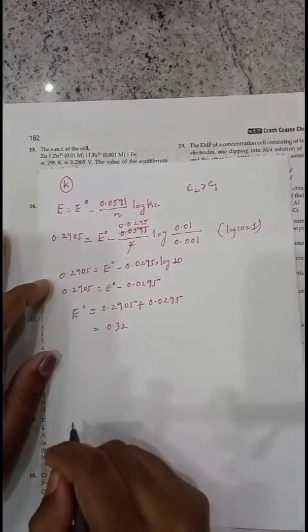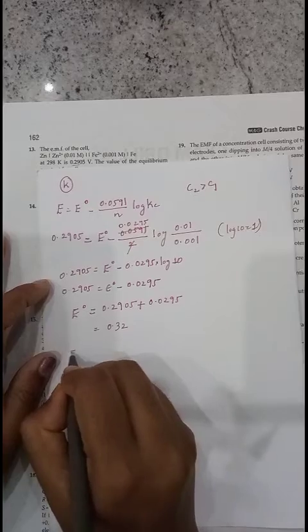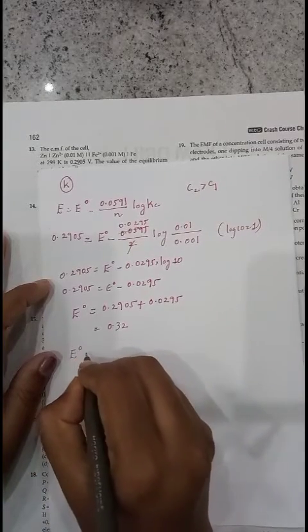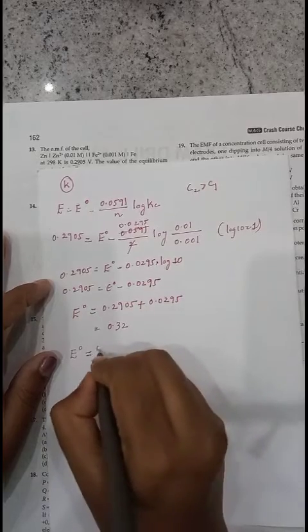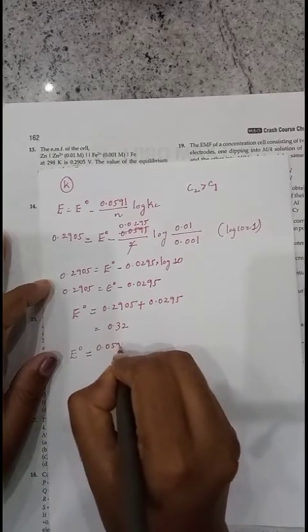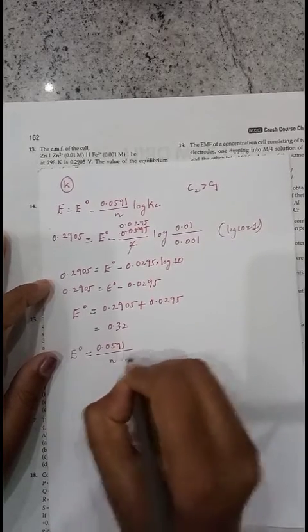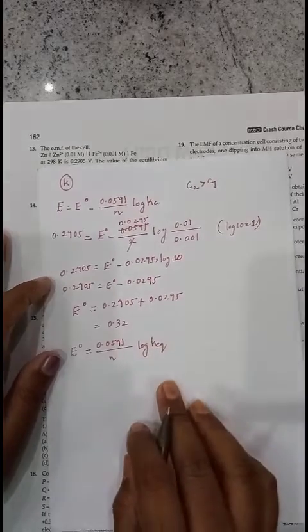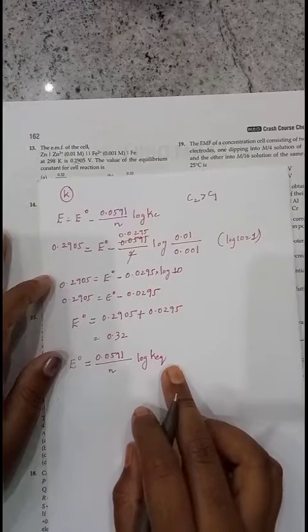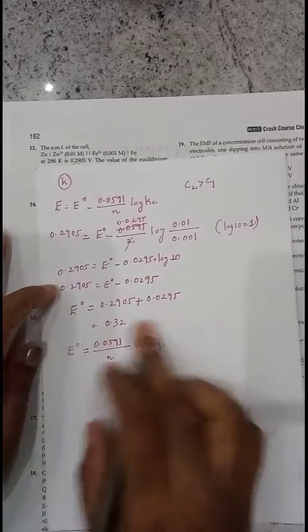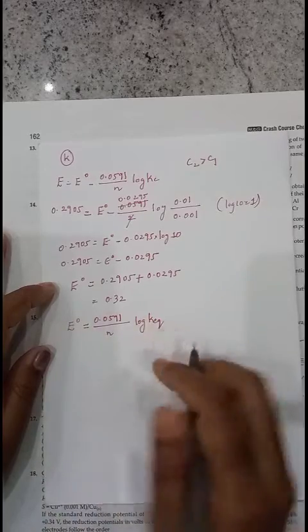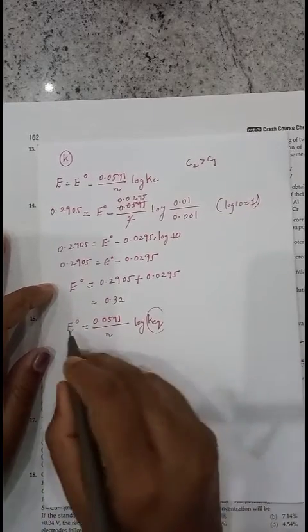Now we want to find out the equilibrium constant. That can be calculated by using this formula: E naught is equal to 0.0591 divided by N into log K equilibrium. If you know E naught, you will get K. E naught value we know.